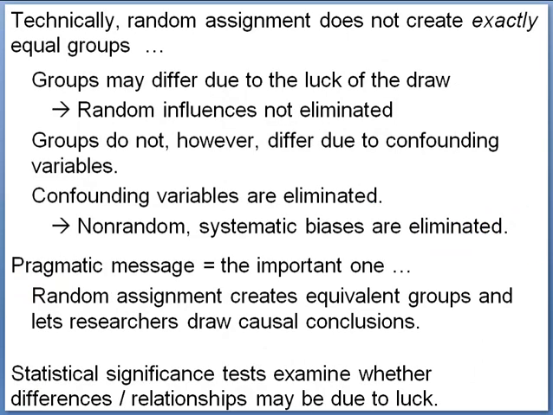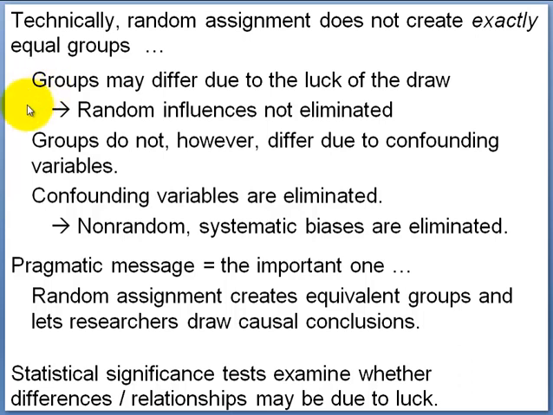Now, we do need to mention a caveat here. Random assignment does not create precisely identical and equal groups. Even with random assignment, groups may and almost always do differ simply due to the luck of the draw.